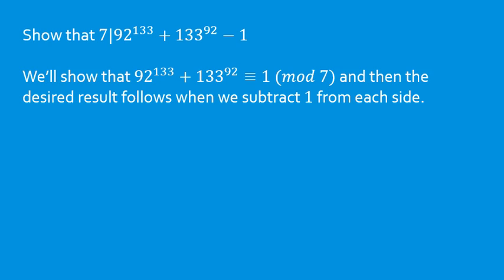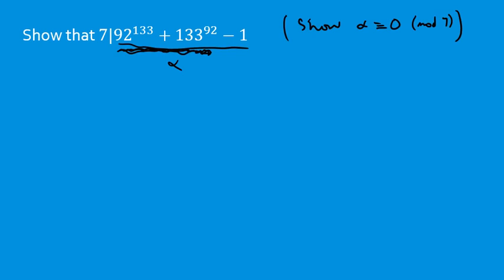So I have 92 to the 133 plus 133 to the 92 minus 1 is congruent to 1 minus 1, or 0 mod 7, which we just saw from our previous slide. That's what this is actually wanting us to show.